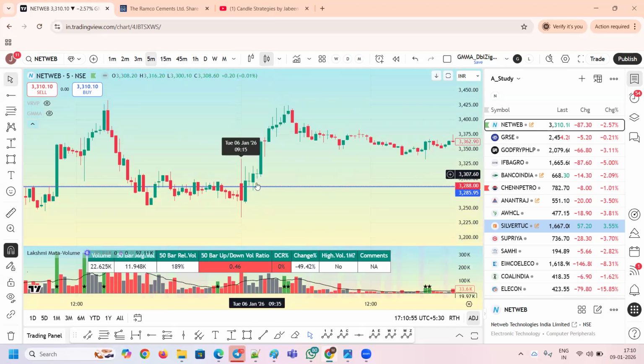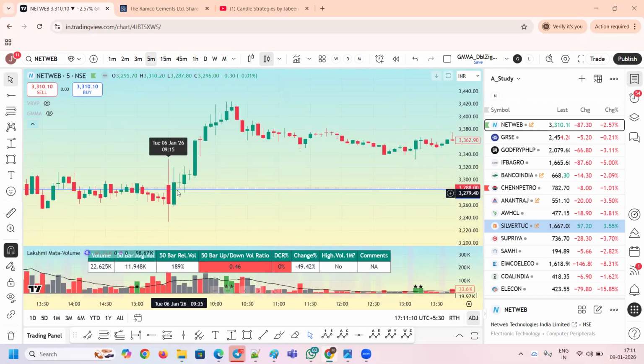Can you see this? Here, 9:15 was a big red candle. It has defined the range, correct? Most of the times it is a range. But if you see the next 5 minutes candle, the body is bigger than this, and it was a green one.